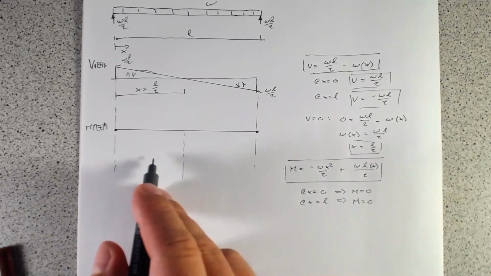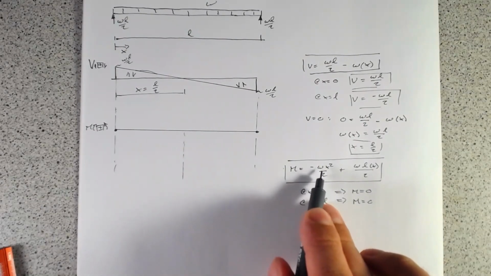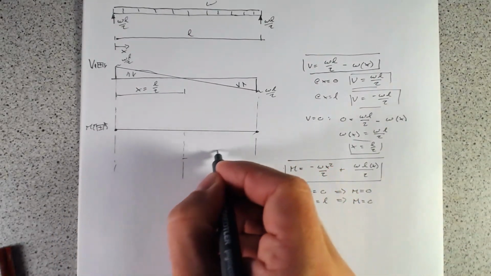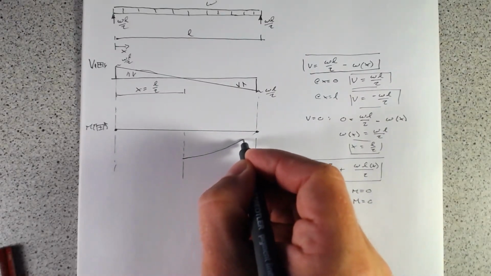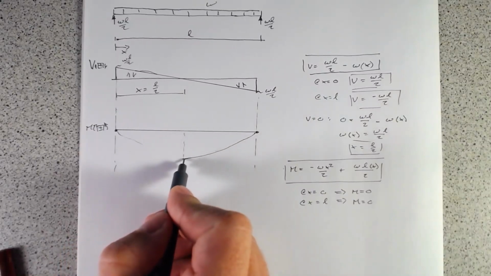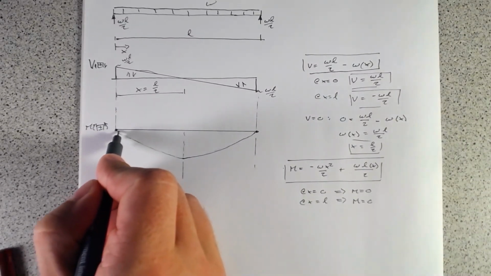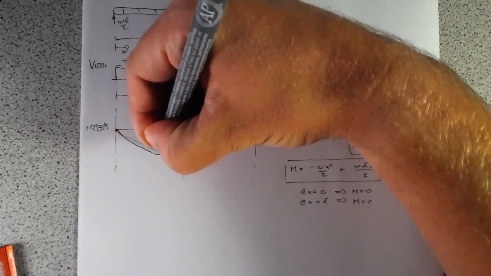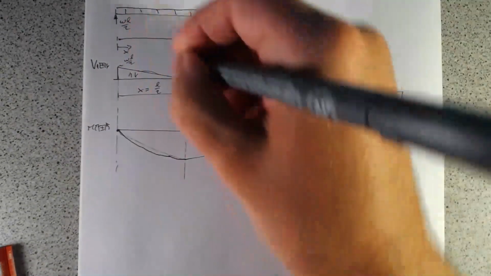And then we know that this is a parabolic relationship. So we will have a moment diagram that will, apologize, I'll try to draw that a little bit better. There we go.